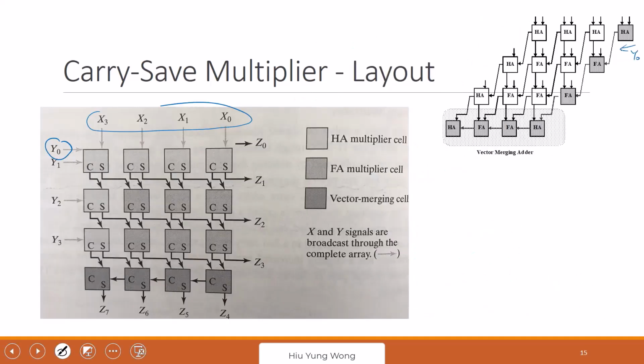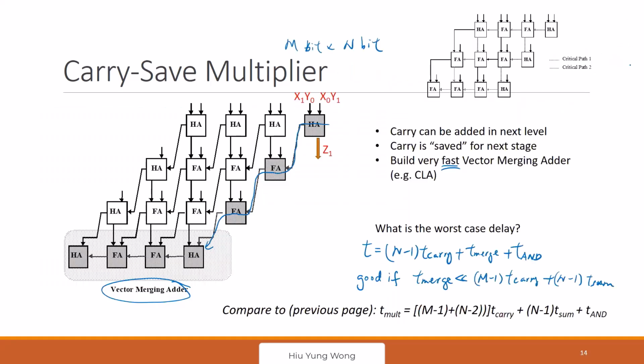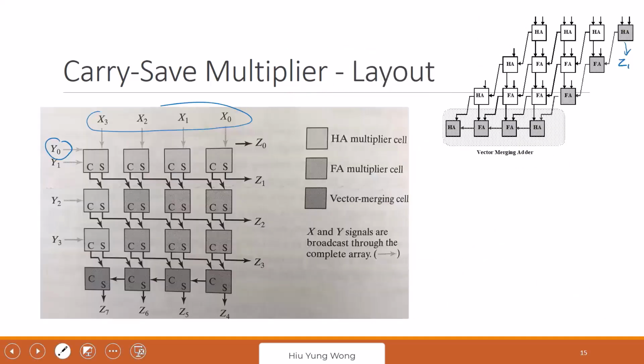Right, so here is Z1, like what I'm showing here. This is X1, Y0, X0, Y1 becomes Z1, right? So here X0, Y1, Y0, this one gives you Z1. Okay, is this okay? Any questions?